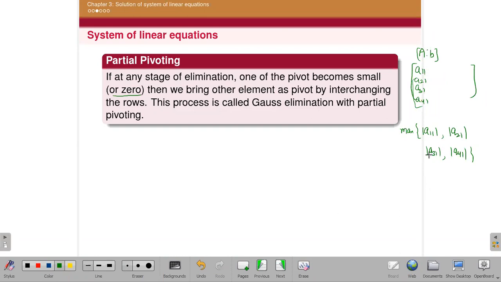So pick up the maximum element. Suppose I am getting AP1, where P can be 2, 3, 4, or 1 also. If AP1 is the maximum, larger than all, then you replace your first row with the pth row. Meaning we are not taking our pivot element as a small element. We should make our pivot element the largest element.